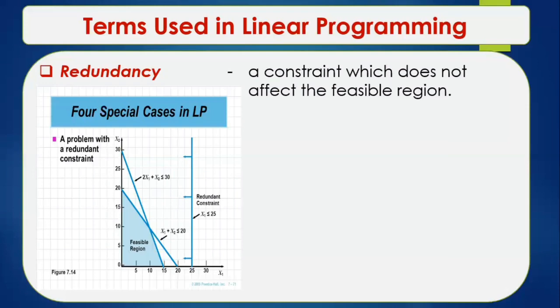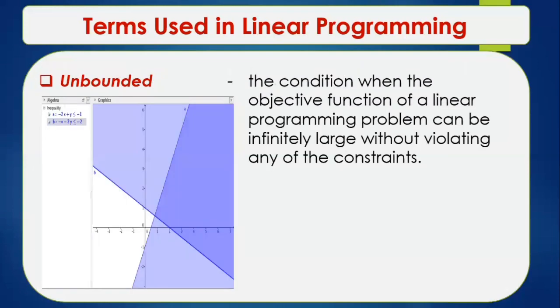And when we say unbounded, this is the condition when the objective function of a linear programming problem can be infinitely large without violating any of our constraints. As you can see, our feasible region is infinitely large, okay?